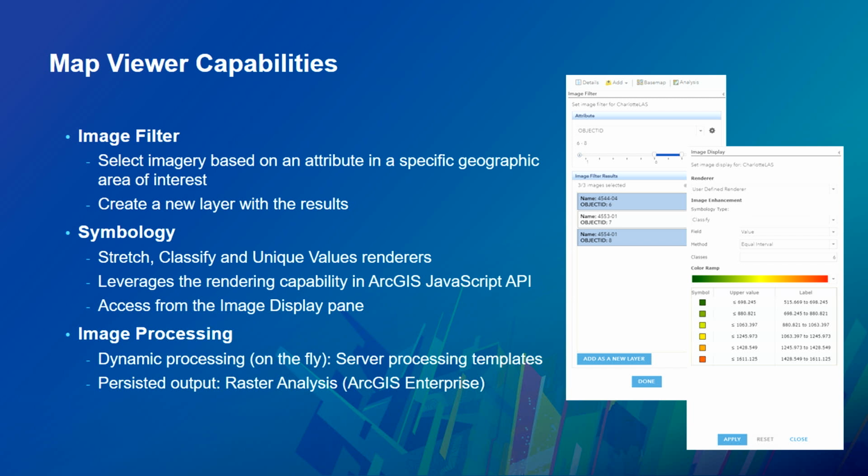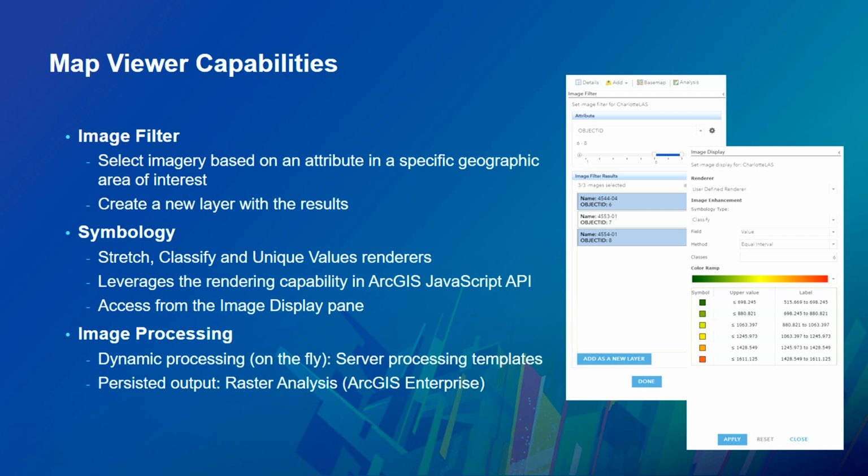The image filter option allows you to select imagery based on an attribute in a specific geographic area of interest. The filter is based on a metadata attribute associated with the imagery, such as acquisition date, cloud cover, viewing angle, and so on. Once the filter is set up, the results are populated as a series of cards, as you can see on the right side.